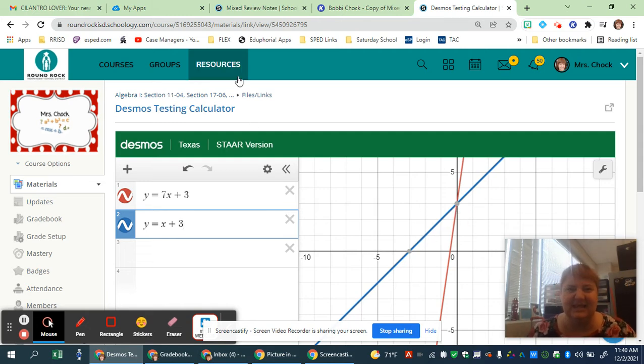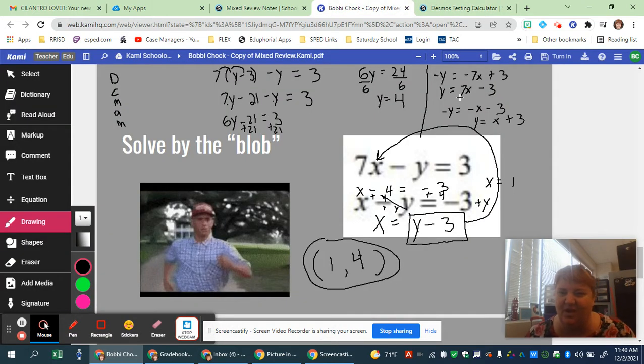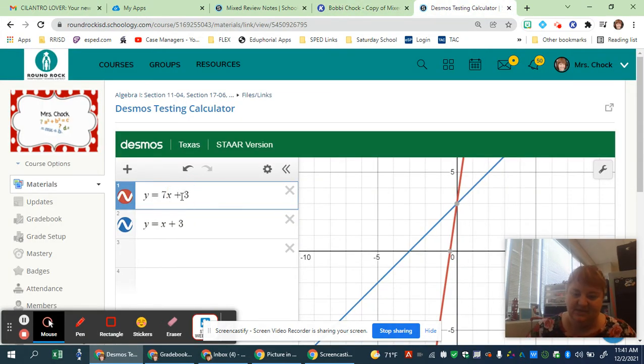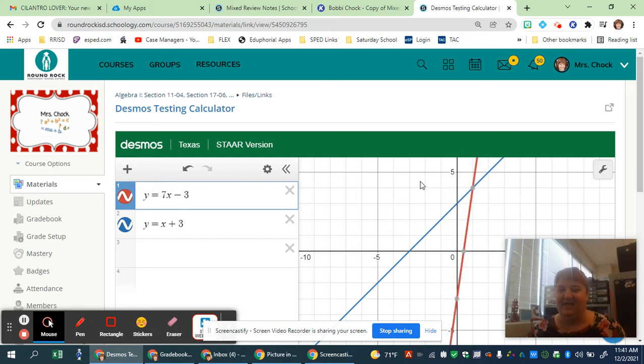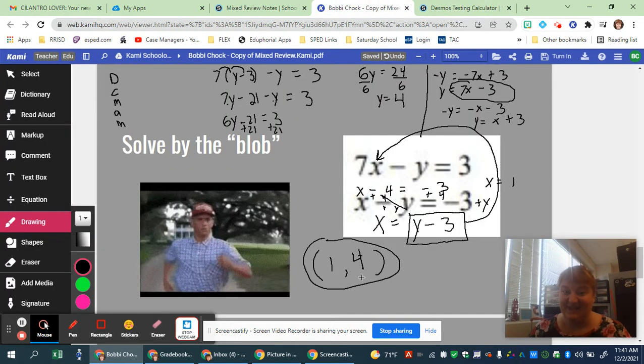Okay, that's not the answer, so I did something wrong. Oh, it'd be minus 3 up here. See, I put the wrong thing in. That's what I should have put in, minus 3. Okay, so that's where I went wrong. 7x minus 3. Look at what my answer is: 1 and 4. That was my answer.